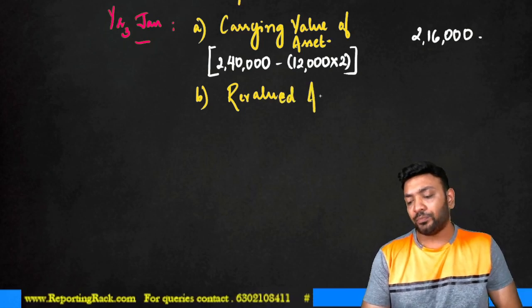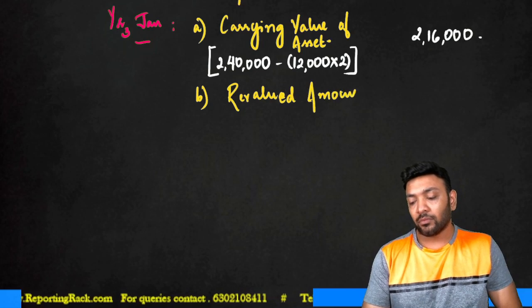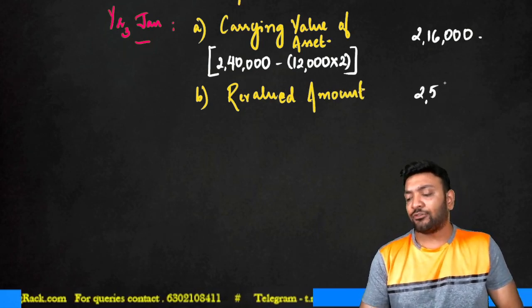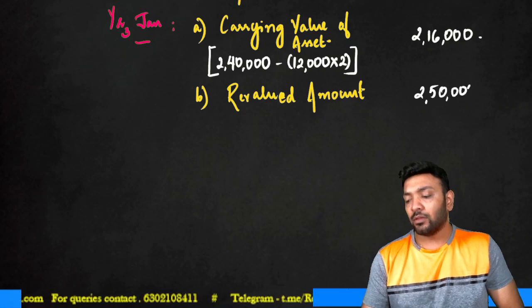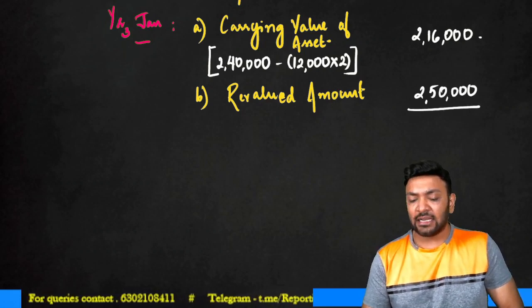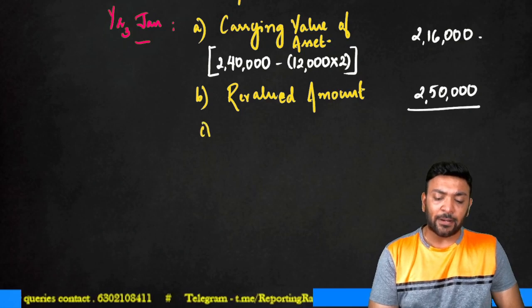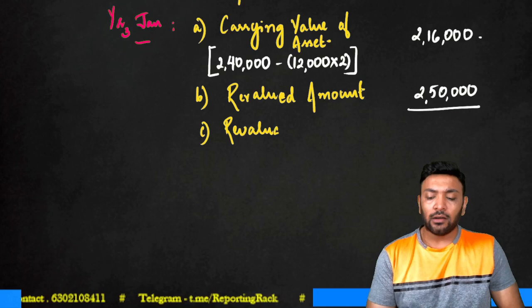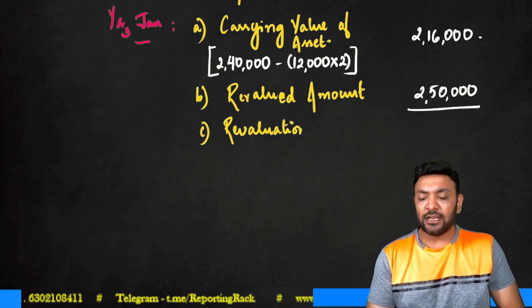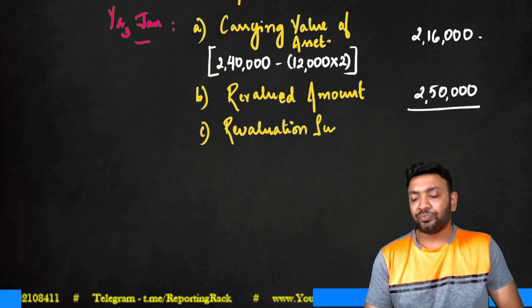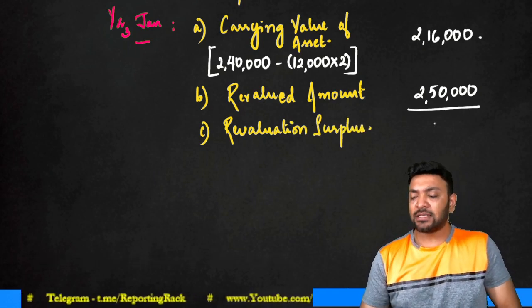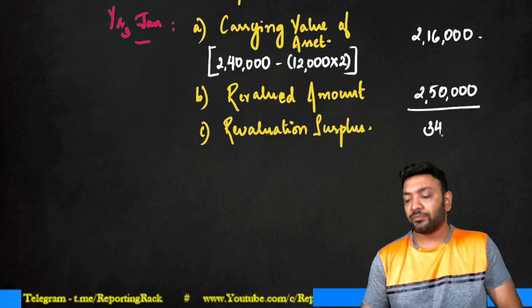Revalued amount: my asset was revalued upward to 2,50,000. Therefore, it resulted in a revaluation surplus of 34,000.